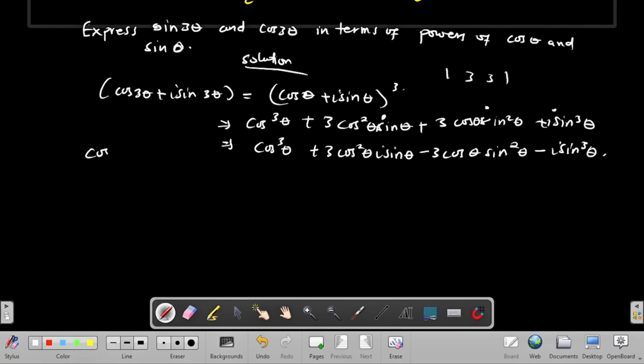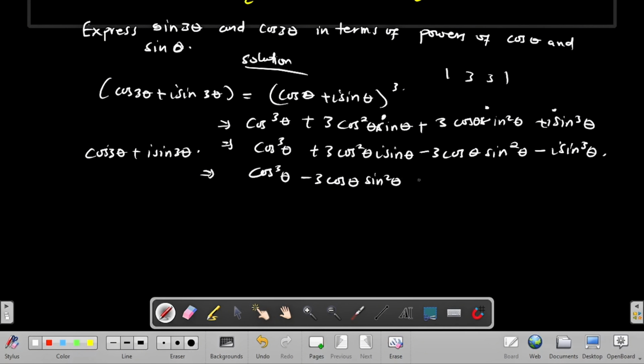Now I have my left side cos 3 theta plus i sine 3 theta. At this point, I can equate my real part to my real part, imaginary part to imaginary part. Real part will be any part where we don't have i, and the imaginary part is where we have i. So let me isolate all the real parts here. I'll have cosine cube theta, then minus 3 cos theta sine squared theta.